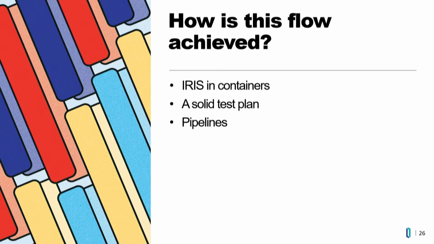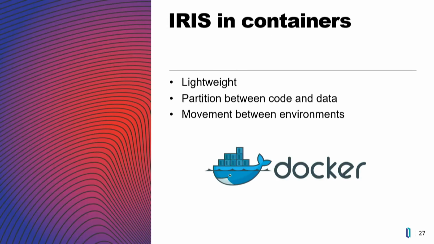The reason for that is that it will be easy to deploy those. Another part is, of course, the test plan, and then to glue this all together, the deployment and the testing, they have configured pipelines.